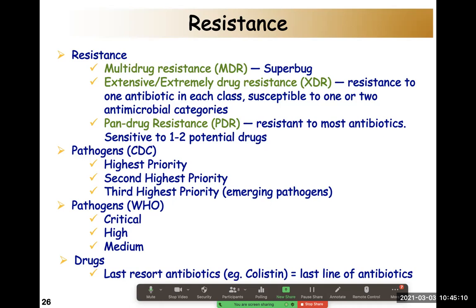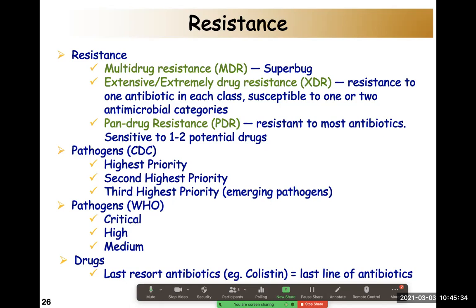And basically, if there are bacteria in the highest priority, that means we need to find new drugs for them. And WHO has a somewhat different classification, but addresses the same issue: critical pathogens, high importance and medium importance. If they're critical pathogens, you need antibiotics badly.